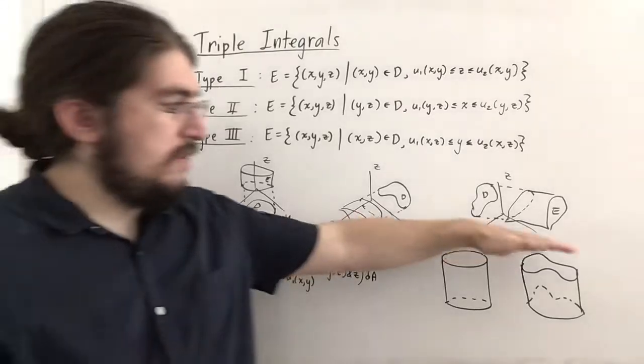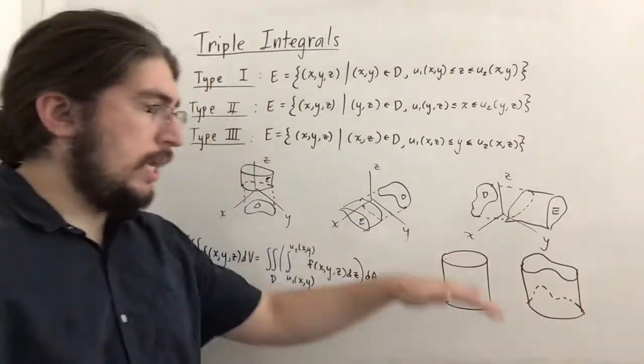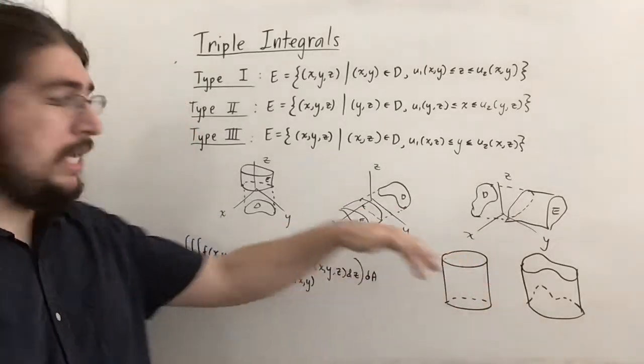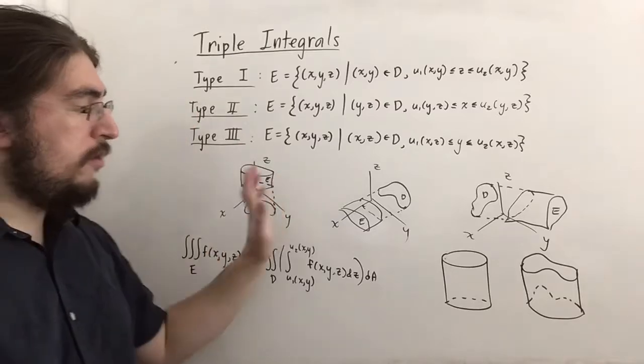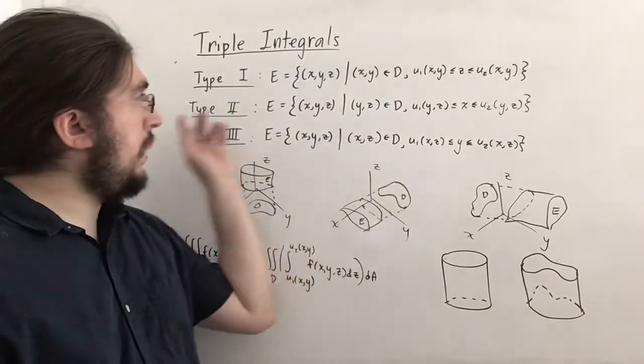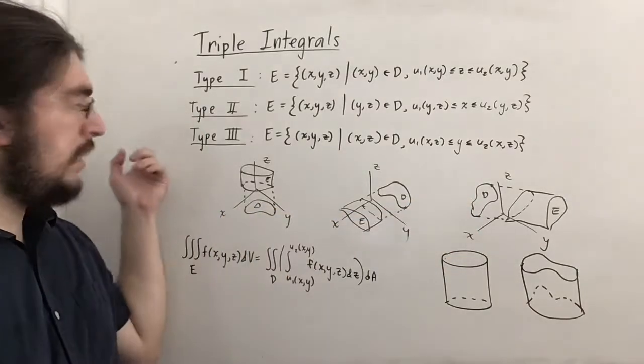So here we'd have a projection, I guess you can say, or a shadow with this orientation in the xy plane. So that would be type 1. If your projection is on the yz plane, then it's type 2, and if it's in the xz plane, then that's type 3.